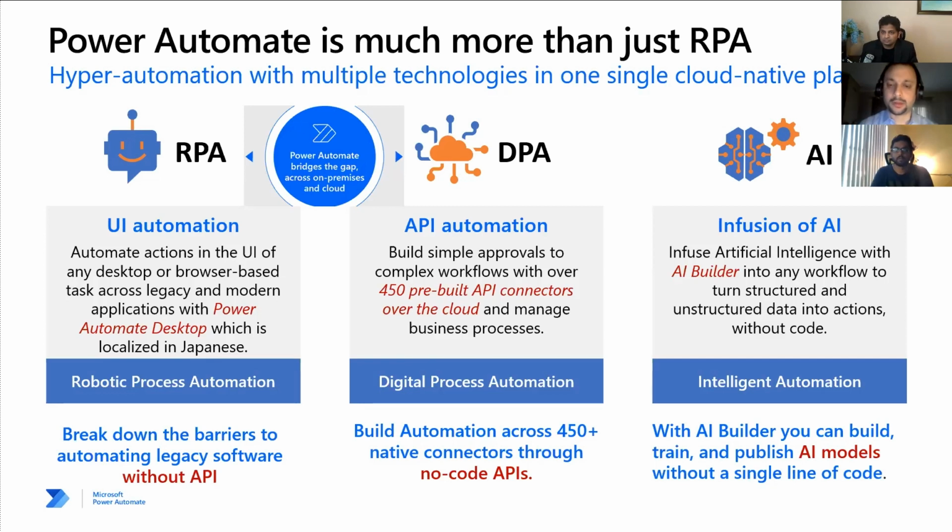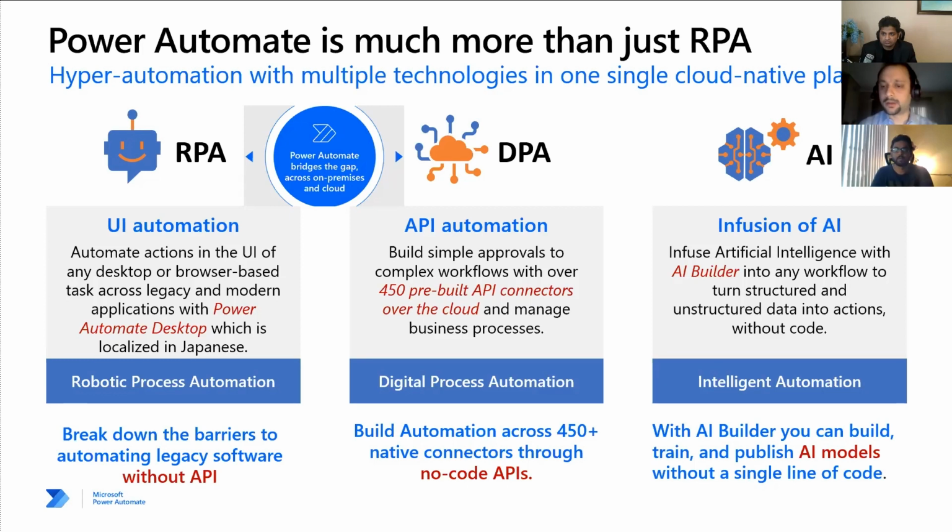So there are hundreds of triggers over the cloud to invoke your flows. And again, this can be much more resilient because it is not dependent on the user interface. So that's why we say we bridge the gap between the legacy applications which need RPA and the more modern applications where you can apply API automation.